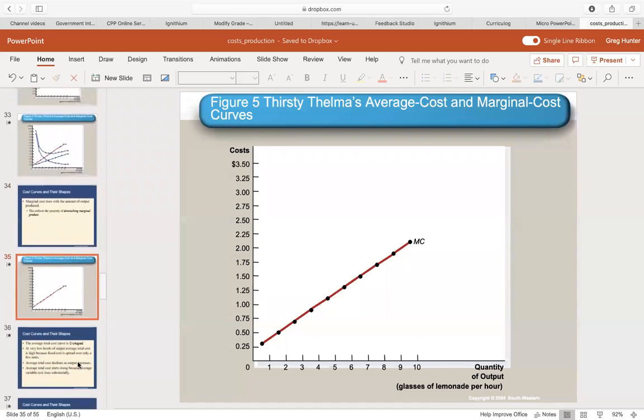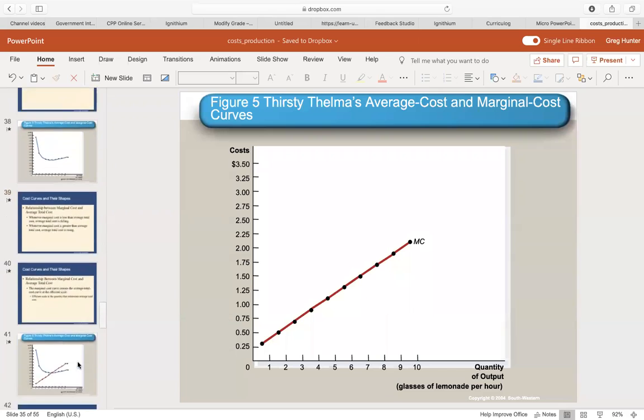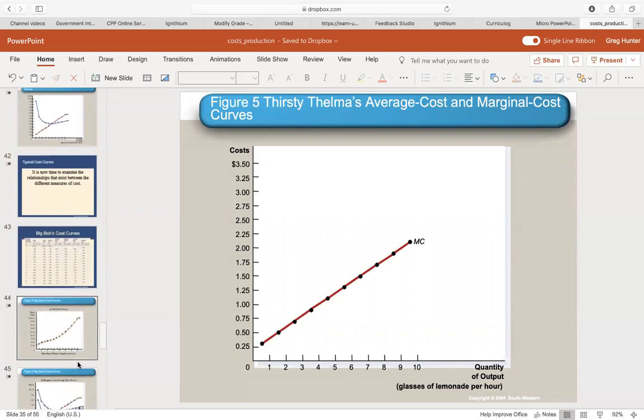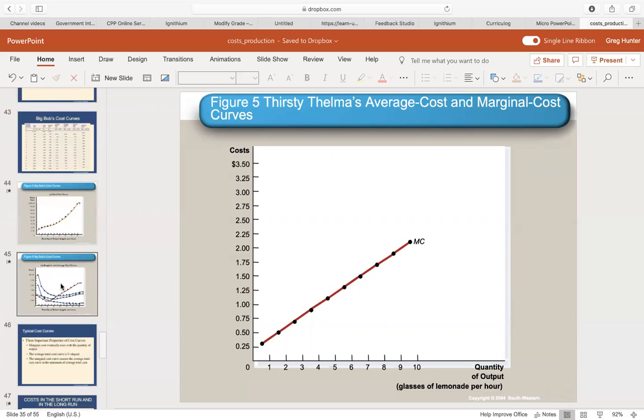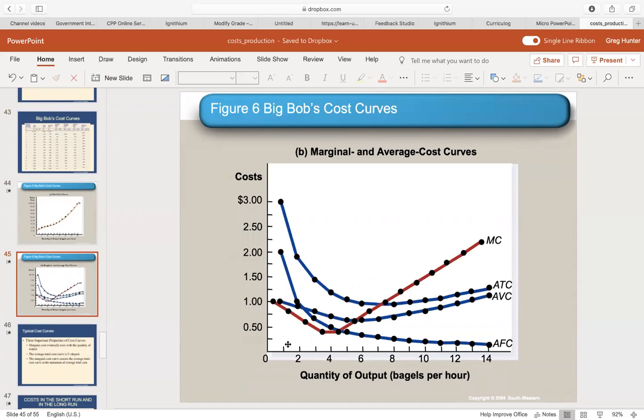Now, I want to point one other thing out, and I don't think I have a really good example, but you'll see some on Ignithium. Oh, actually, this is a good example here. Notice in this graph, marginal cost initially decreases and then it increases.